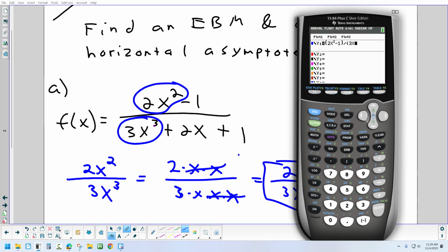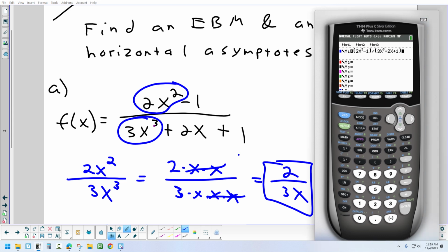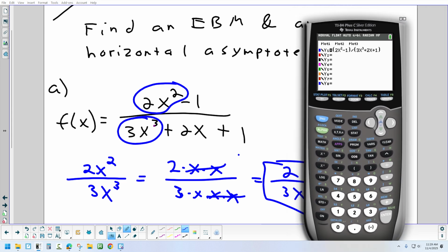And then 3x cubed plus 2x plus 1. Okay, so 2 divided by 3x. What's that called again? End behavior model. End means not middle, it means on the ends, like the left and the right edges.